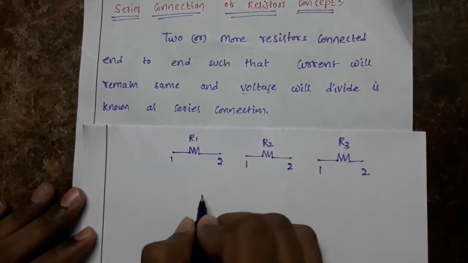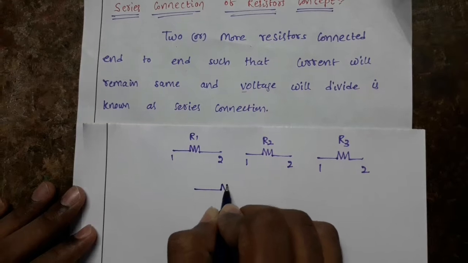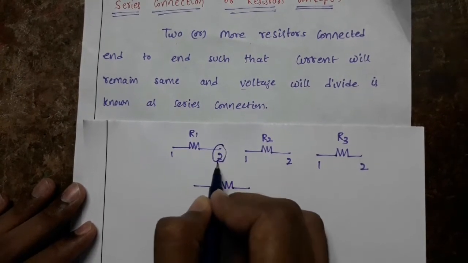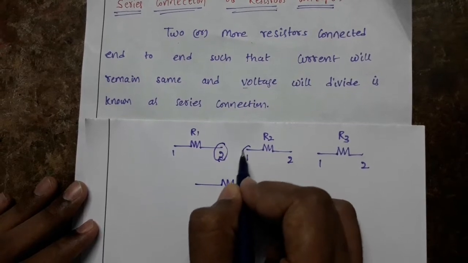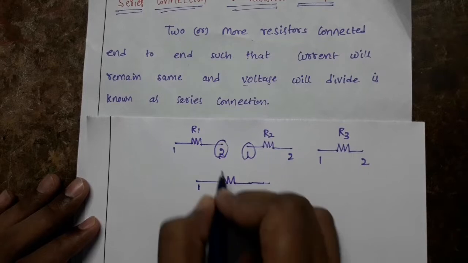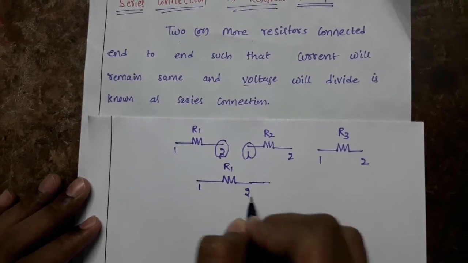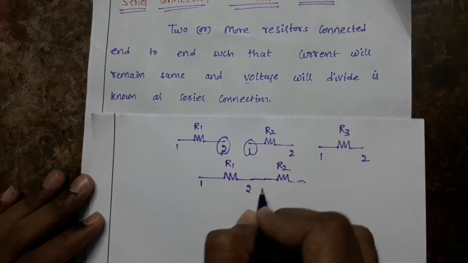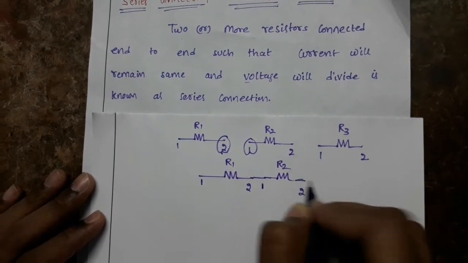For the series connection, we will connect resistor 1 second terminal to resistance 2 first terminal. This is first terminal of resistance 1 and this is 2. This is R2 resistance, terminal 1 and terminal 2.